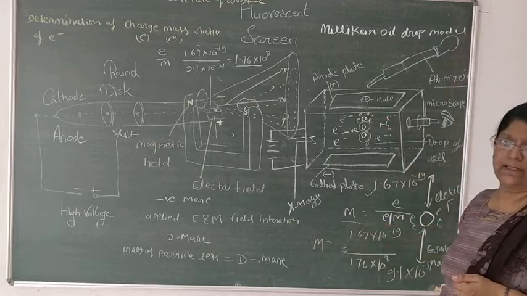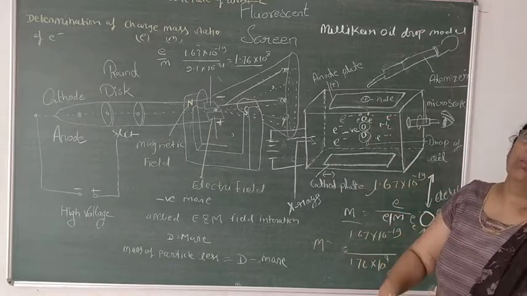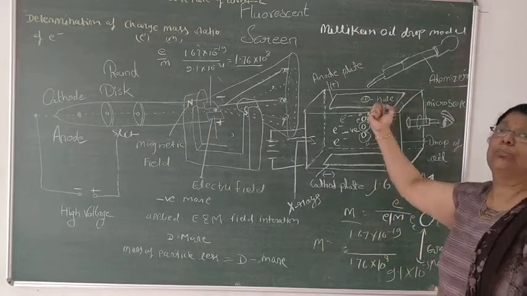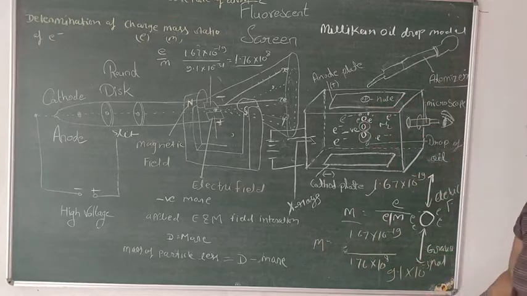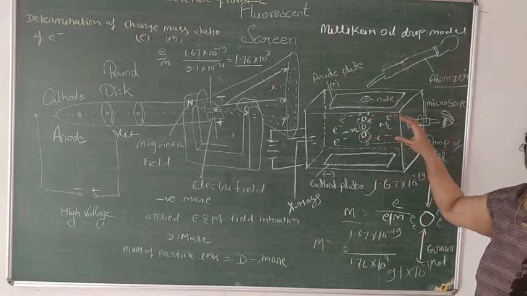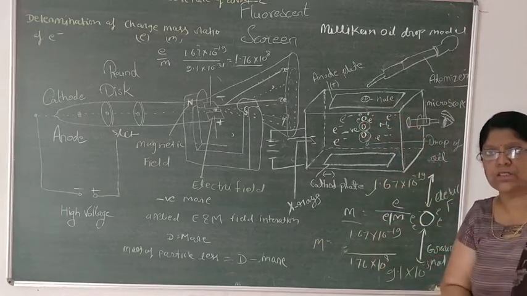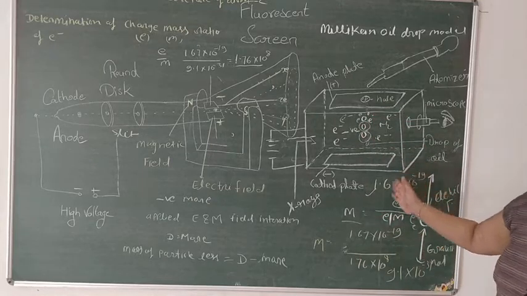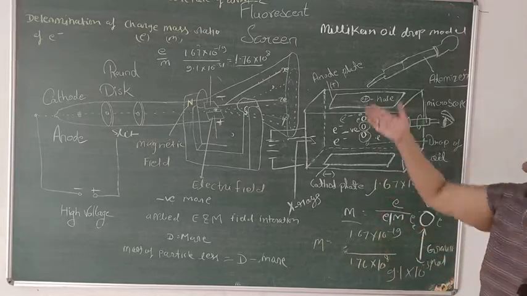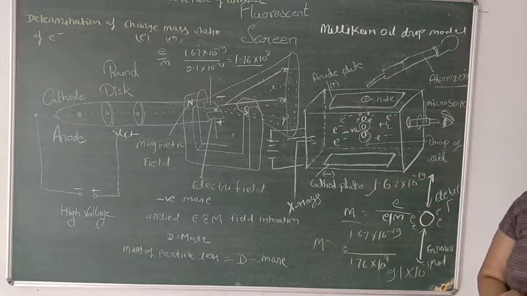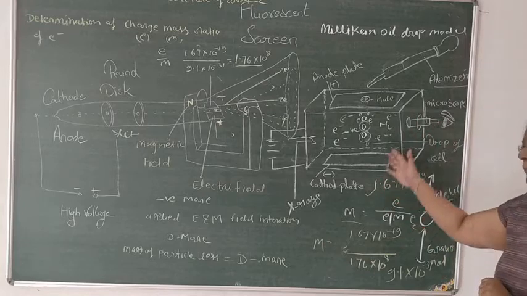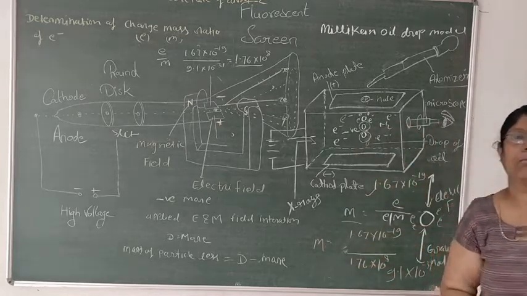As we provide the electrical field, this field will try to push this droplet to the upper side, and the gravitational force will try to pull this particle towards the downward side. Because of these two forces, this droplet will remain stable in air, and through that we will calculate the value of charge, and after evaluating charge we will calculate the mass of electron, because we already know the value of e by m ratio. Through that we get this oil drop model used to identify the mass of electron.